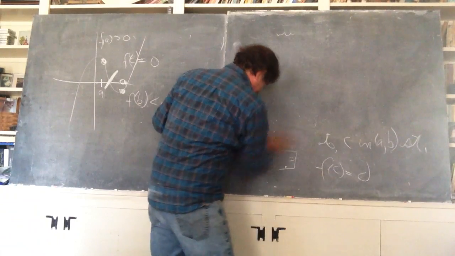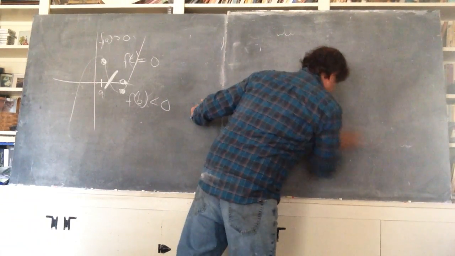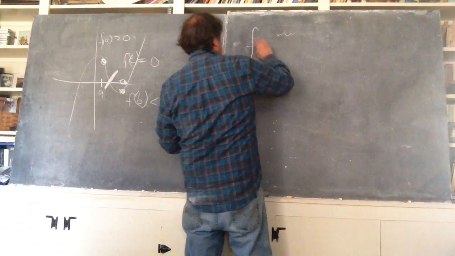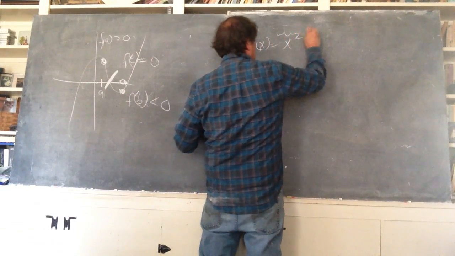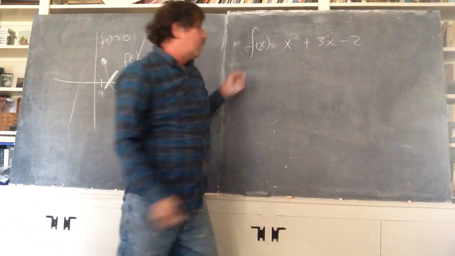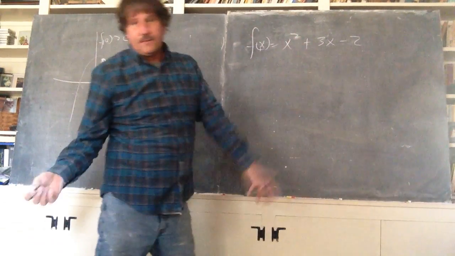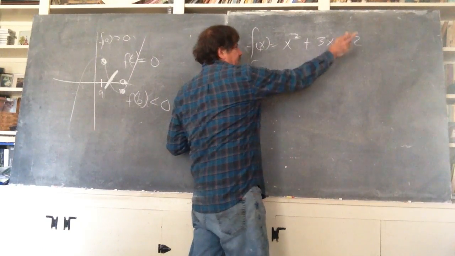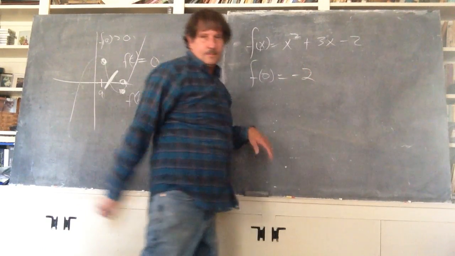Suppose f at x is x squared plus 3x minus 2. Now you can factor this, you can do all the stuff, but I just want to use the intermediate value theorem by noting f at 0, the function's value at 0, is negative 2.